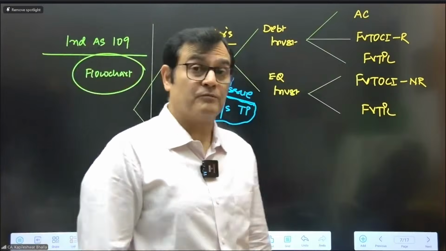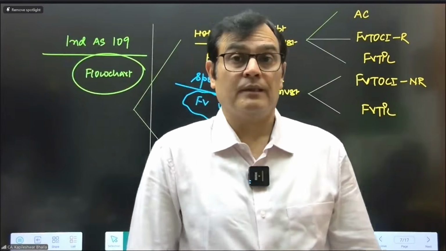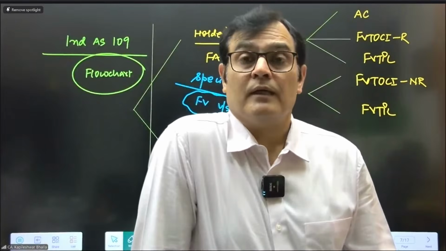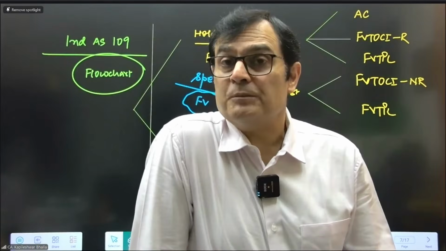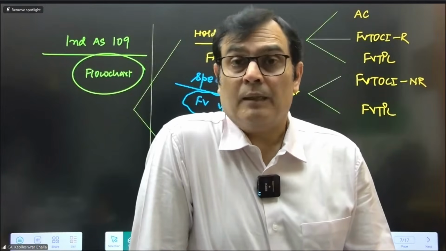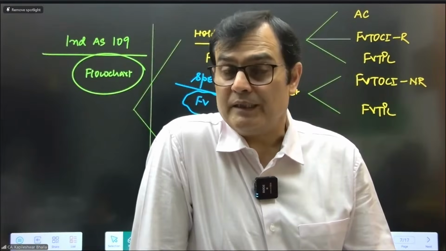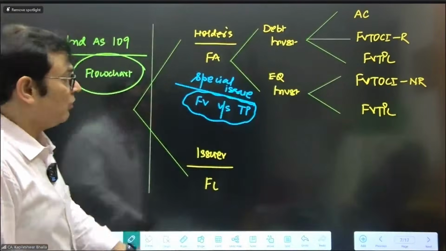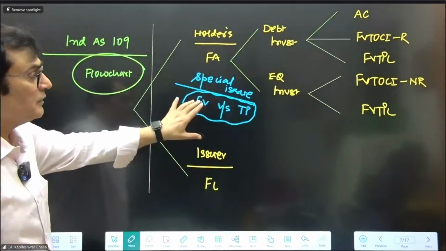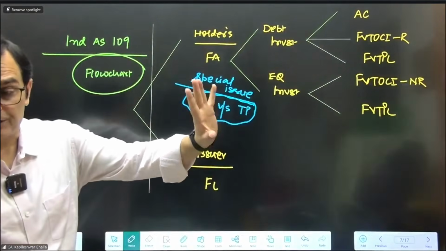I'm talking about concession loans given to staff, loans which a parent gives to a subsidiary, and interest-free security deposits made to the lessor. All that will become part of the special issue discussions which I'm going to discuss now.